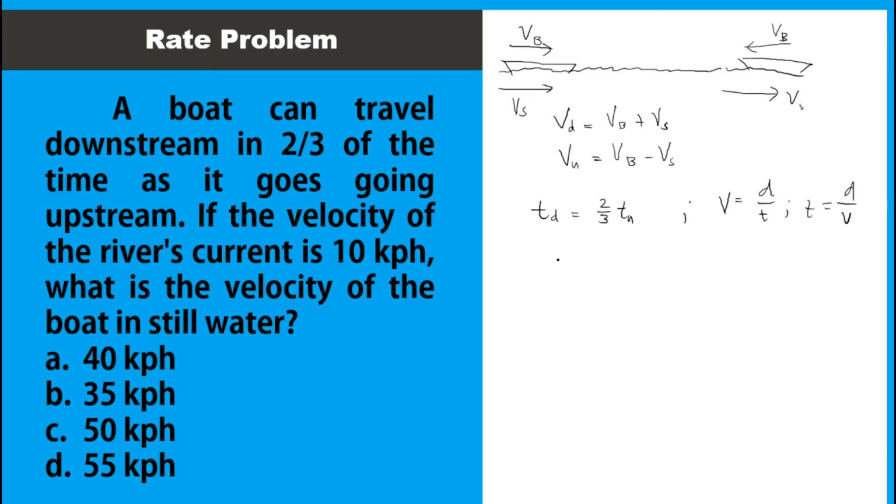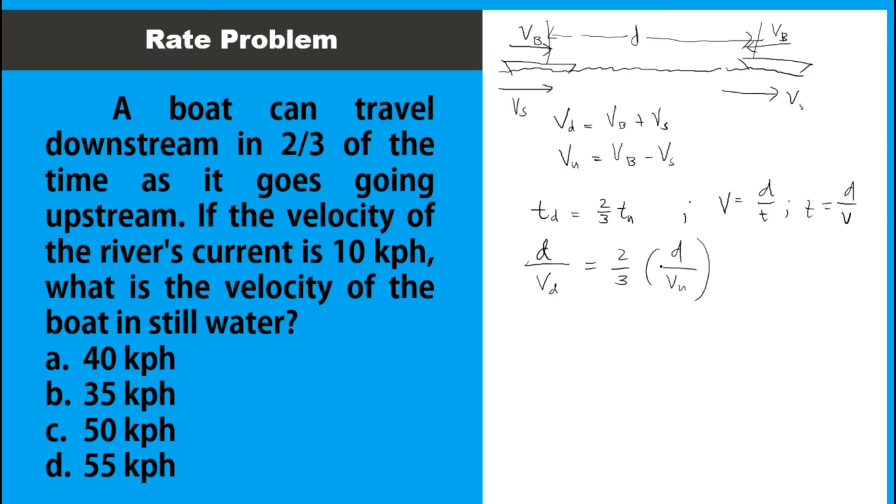For the time downstream, that is the distance over the velocity downstream, is equal to 2/3 times the time upstream, that is the distance over the velocity upstream. You can take note that the distance going and going back is equal.